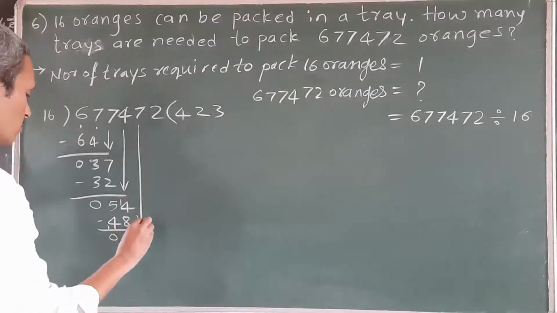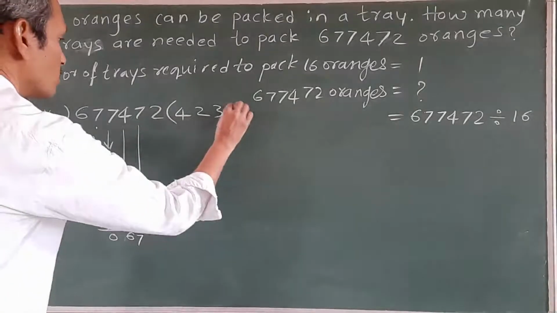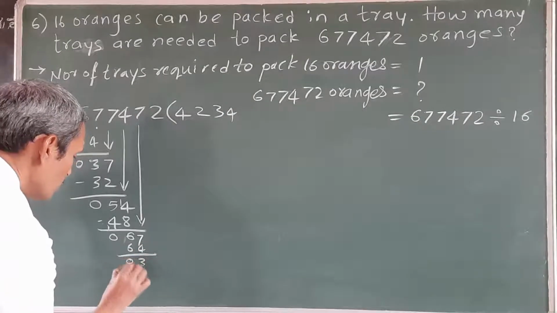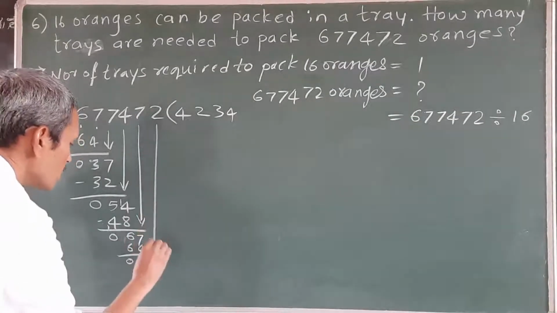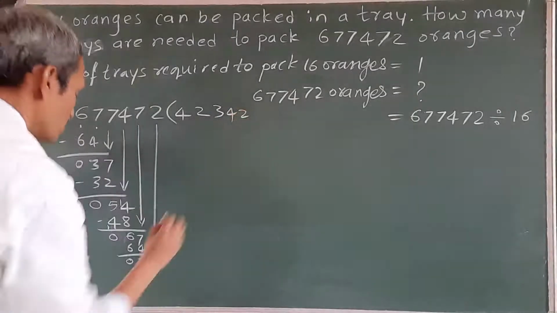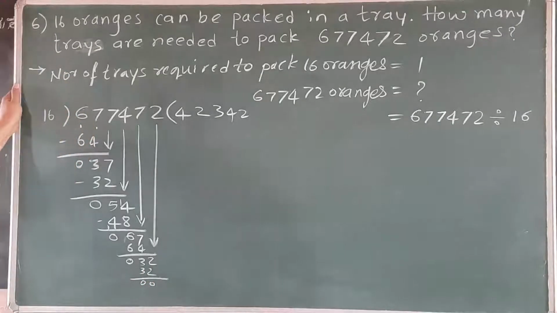Take the next one down, 67. 16 fours are 64. Subtract, 3 and 0. Take the last digit 2 down. 16 twos are 32. Now we will get 0.